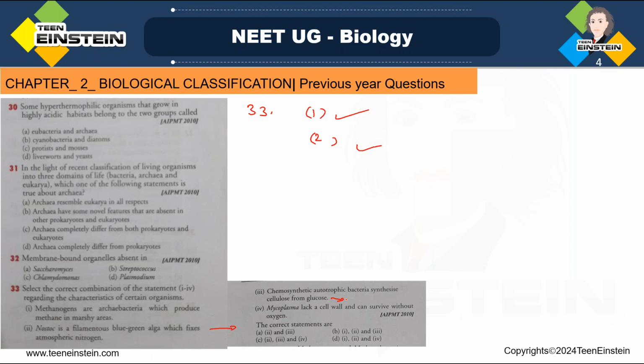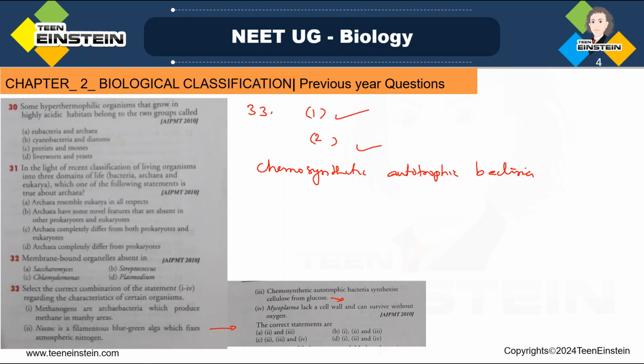And how can we correct it? Here they are saying they are synthesizing cellulose from glucose.